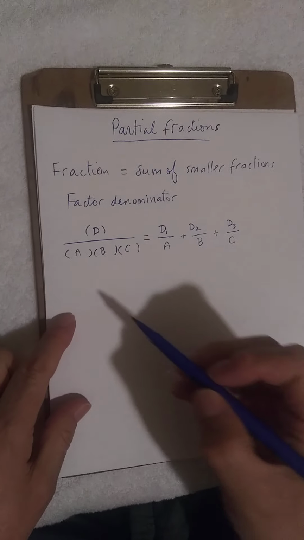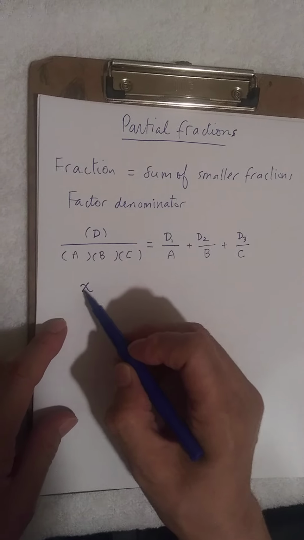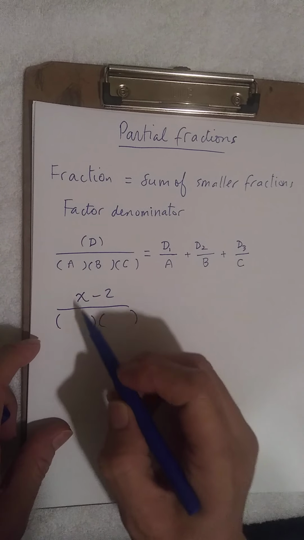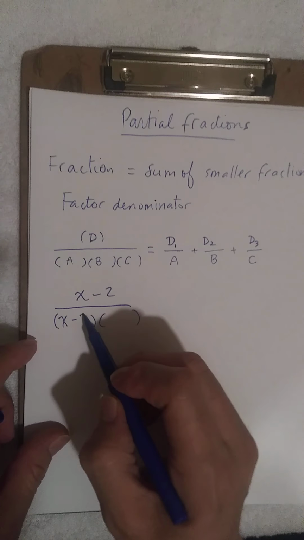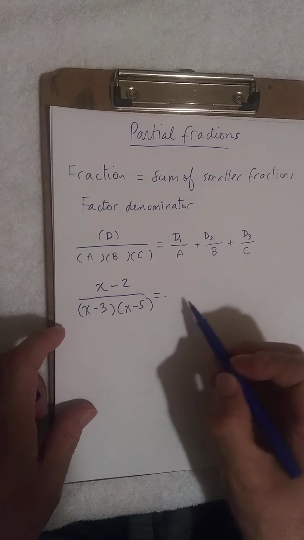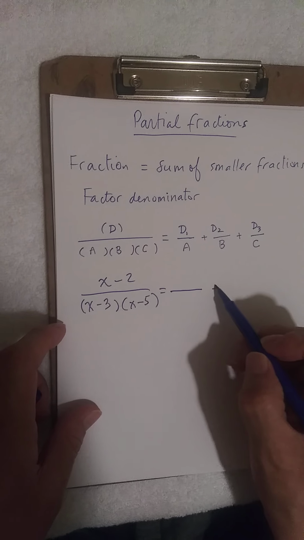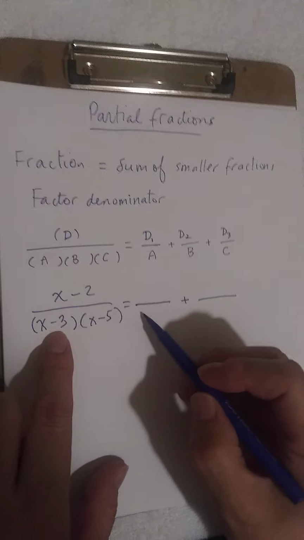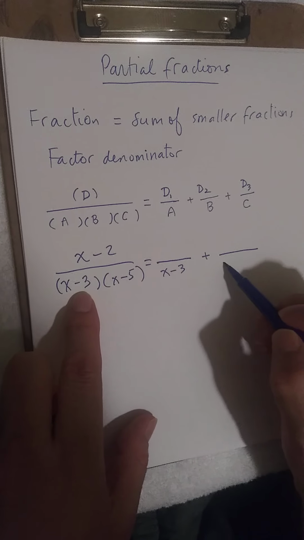Here's an example. Suppose we have this fraction, x minus 2 divided by, I'm going to give a factored form of the denominator, x minus 3 times x minus 5. To break this fraction up, we're going to write the first denominator here and the second denominator here.